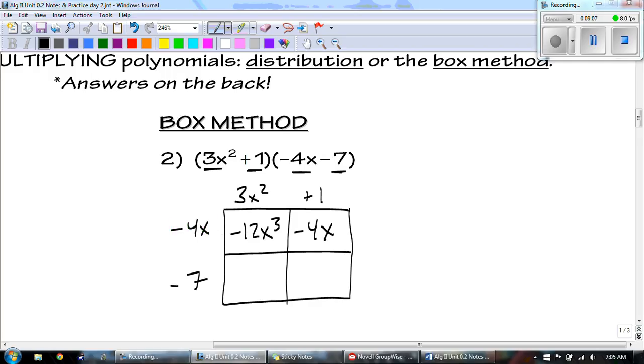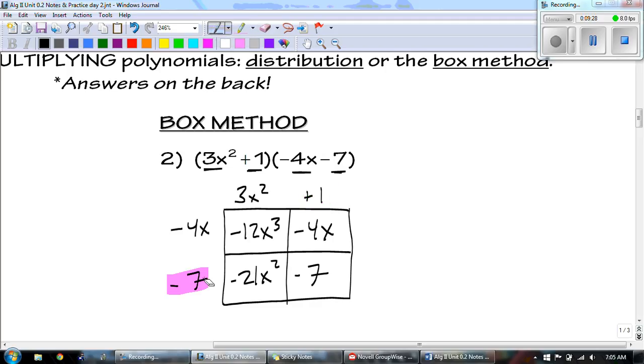Okay, so I multiply the top. Now I'm going to multiply the bottom. 3x squared times negative 7 would give me negative 21x squared. And then negative 7 times a positive 1 would be negative 7.